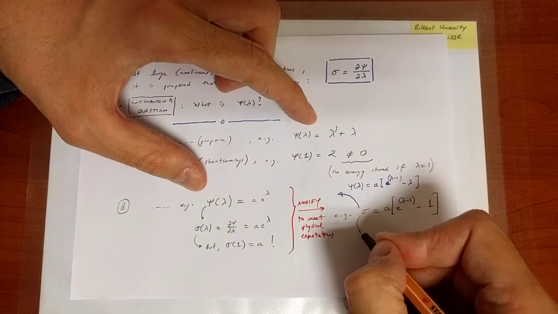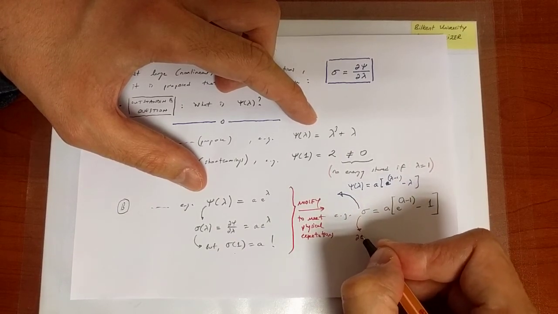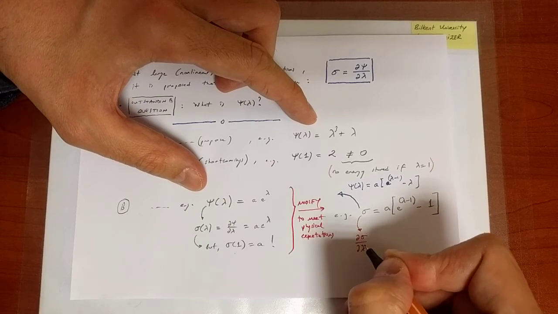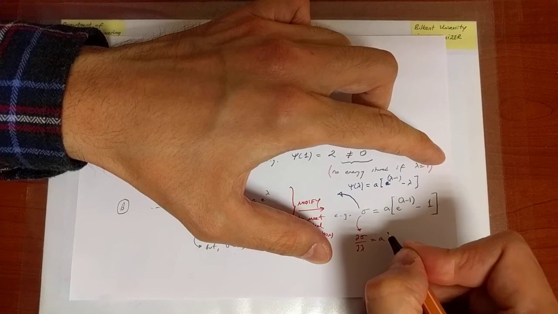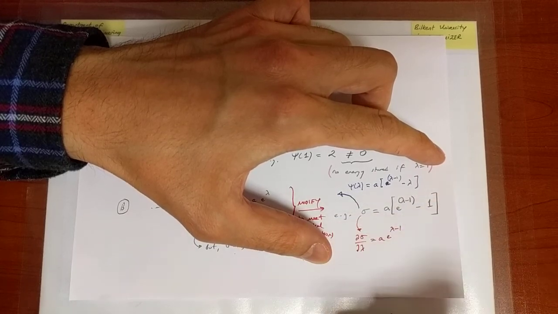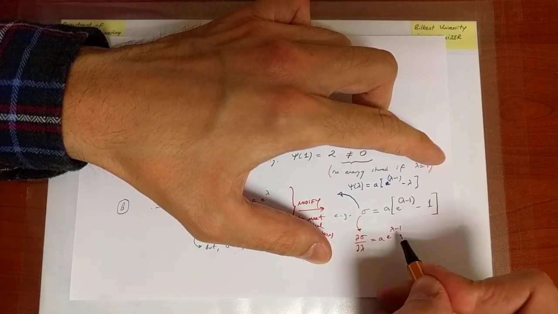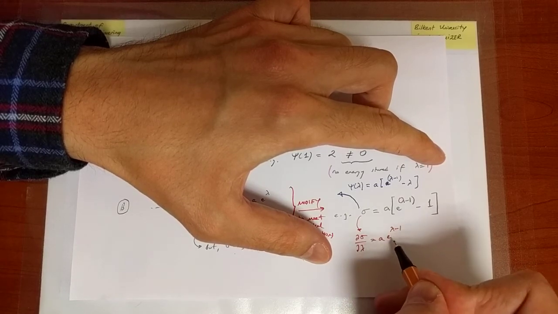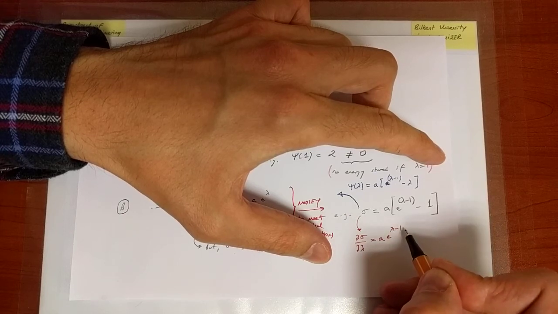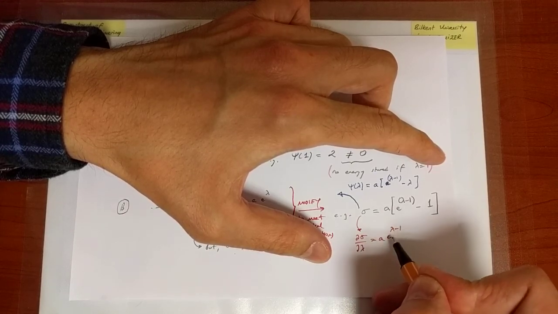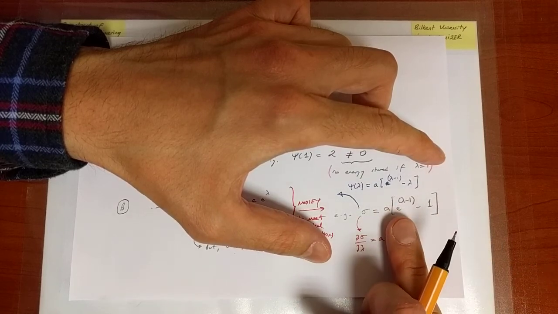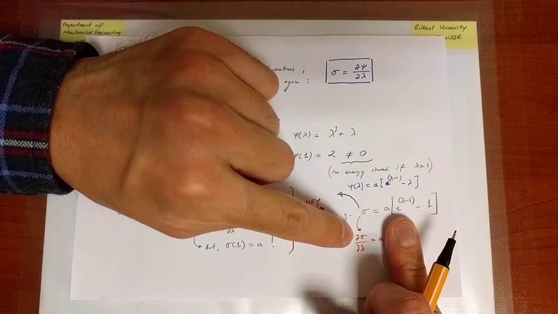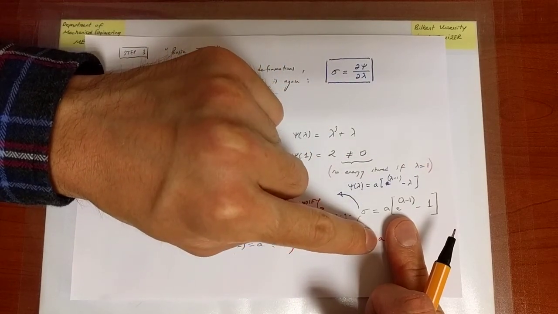So notice, when I take the derivative of sigma with respect to lambda, which is the second derivative of psi with respect to lambda, I get A e to the power lambda minus 1, which certainly is not a constant. But if deformations are small, in the limit lambda going to 1 or epsilon going to 0, this thing is going to vanish. And the slope of the line is going to be A. So at small deformations, the slope is almost a constant, which is equal to A.